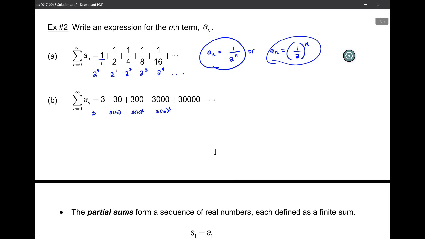So there are a couple of different ways we can write this. One way is we have this 3, and then it's times 10, or actually I'm going to put in a negative 10 to the nth power. Then we just want to make sure that when n equals 0, we get 3. When n equals 1, we get minus 30, and so on. You could also have separated that negative 1 to the power out of there, but since I know it's multiplied by 10, we can include that negative.